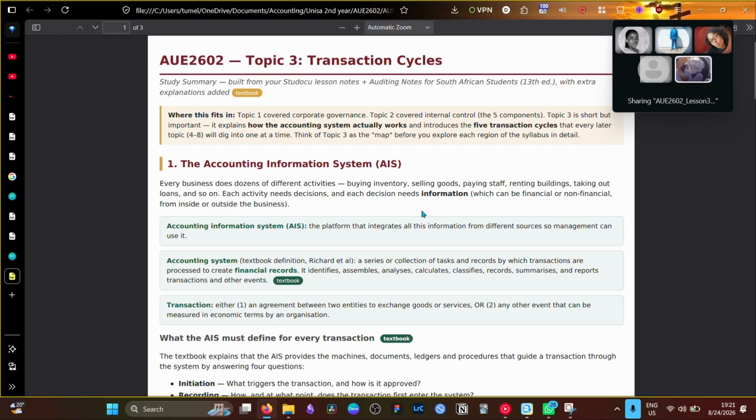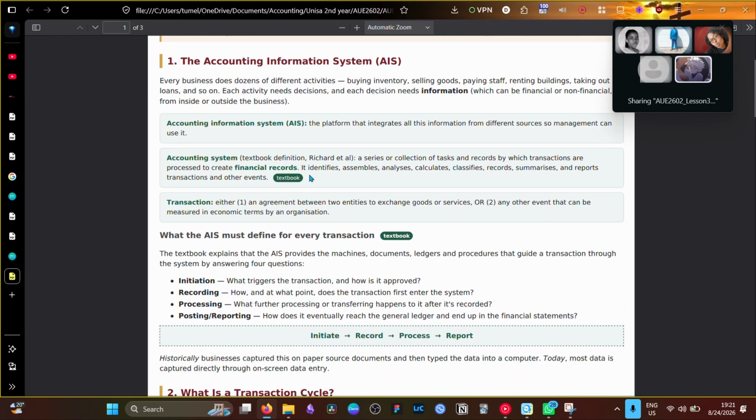So what is an accounting information system? It is the platform that integrates all this information from different sources so management can use it. An accounting system is a series or collection of tasks and records by which transactions are processed to create financial statements.